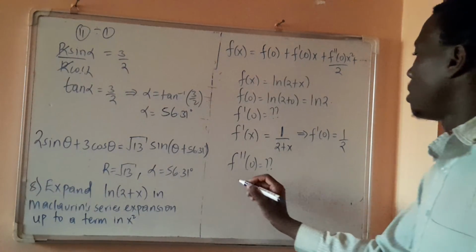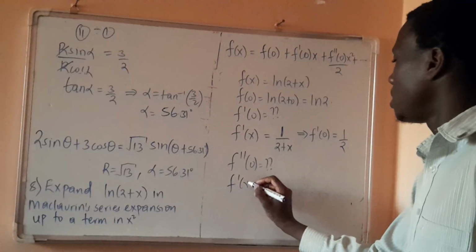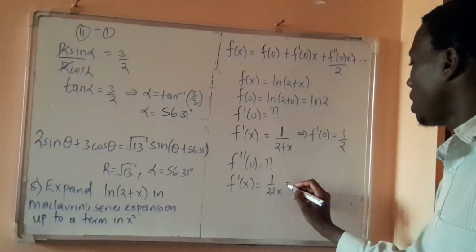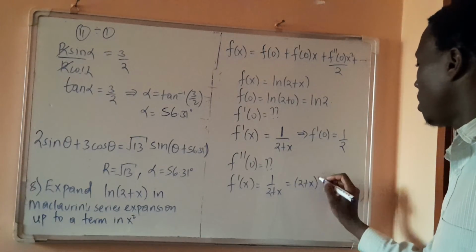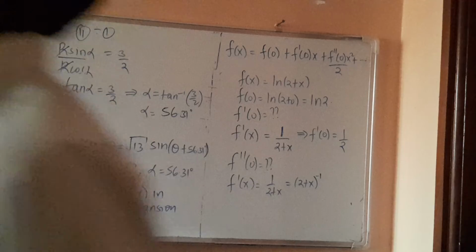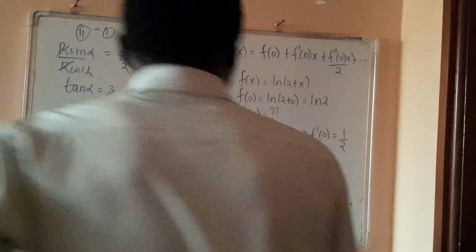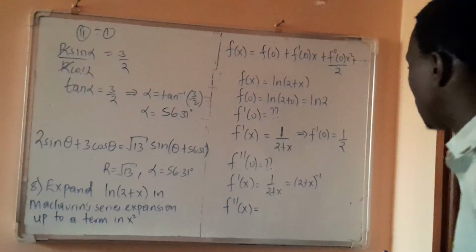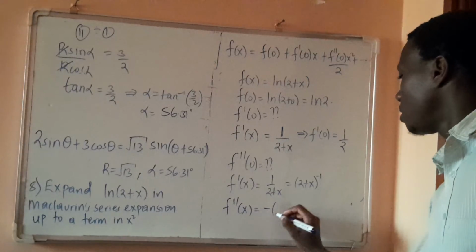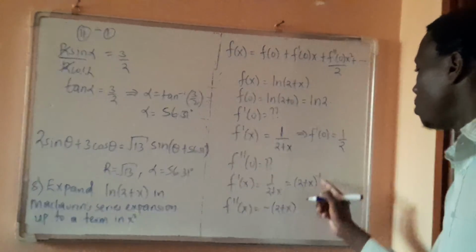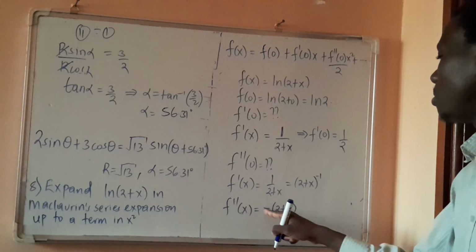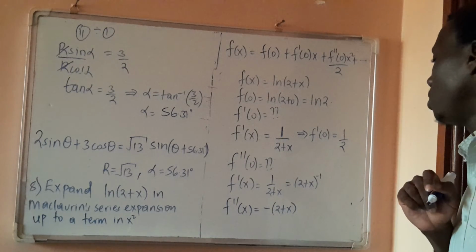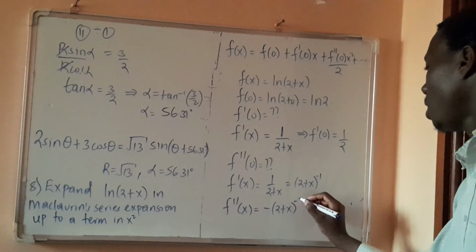The first derivative is 1 over 2 plus x, which I can represent as (2 plus x) power negative 1. Differentiate this. You drop the power, which is negative 1, differentiate what is inside, we get 1, then rewrite the function having reduced the power by 1.